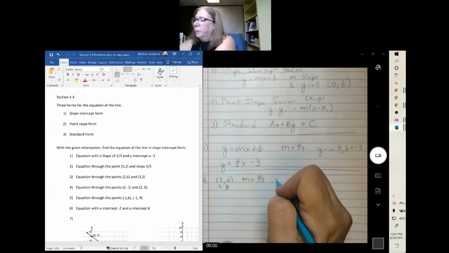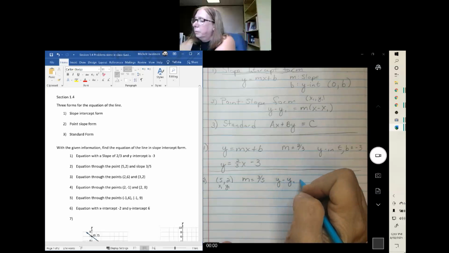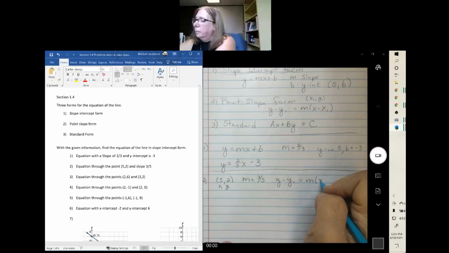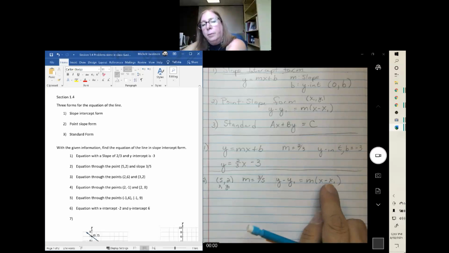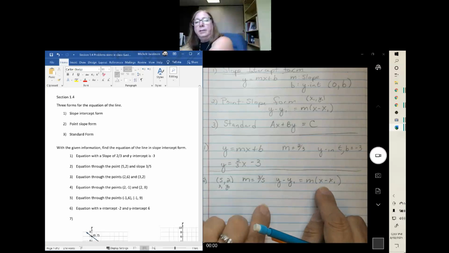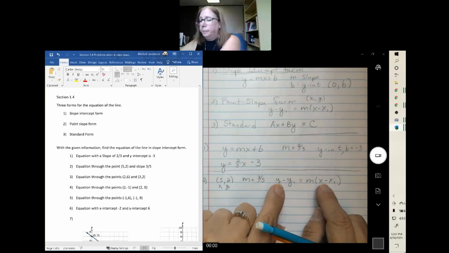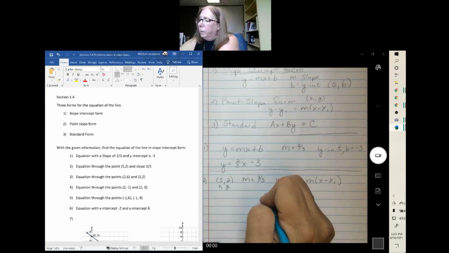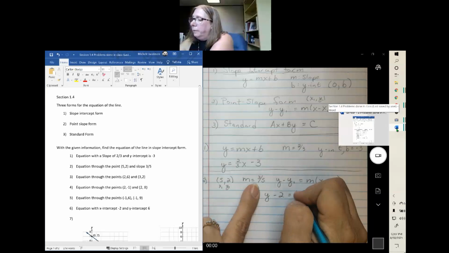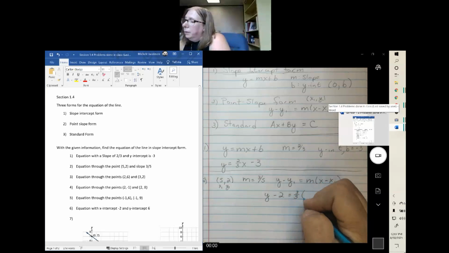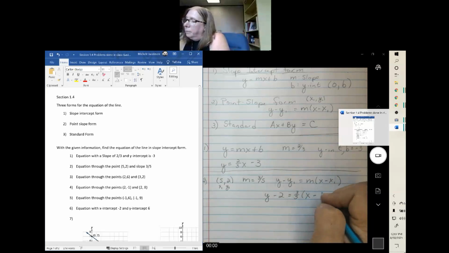Plugging it in, I'm going to write the formula first. We're only plugging in the x1 and the y1 and the m. You leave this x and y alone. y minus 2 equals 3/5 times x minus 5.